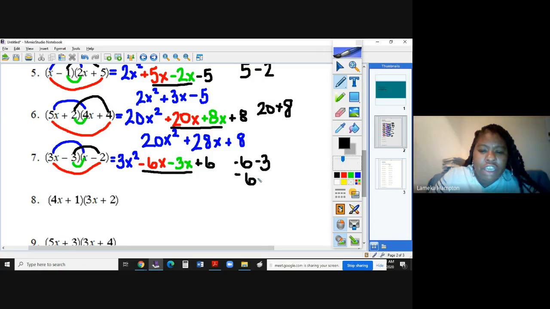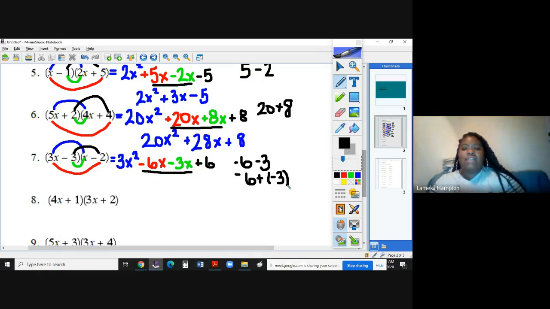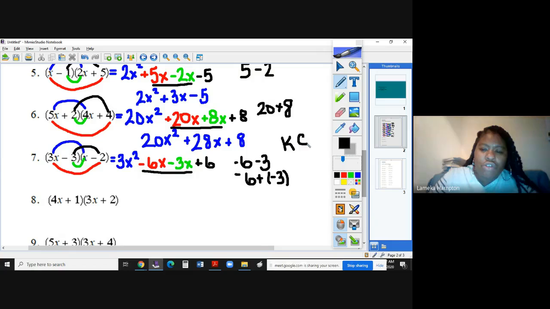We're going to use our change rule. Okay, that's very important. Remember, when you're subtracting a negative number from a positive number or a positive number from a negative number, you always have to remember to use the change rule. Or remember, some people learned it as keep, change, opposite. It's all the same.